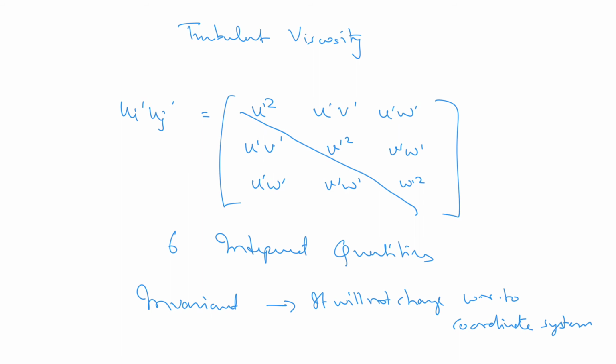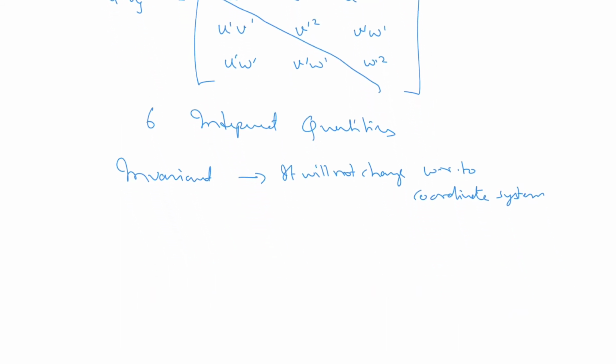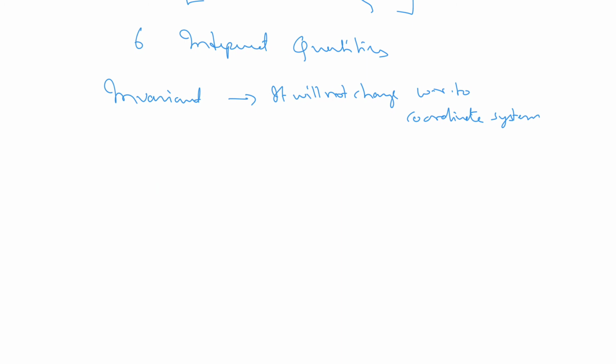Now we will consider this matrix and we will take the trace of the matrix wherein you have this normal components like U square, V square and W square, which will be like 2k equals U dash square plus V dash square plus W dash square, or k equals 1 by 2 times U dash square plus V dash square plus W dash square.